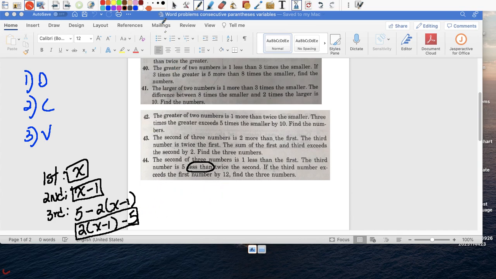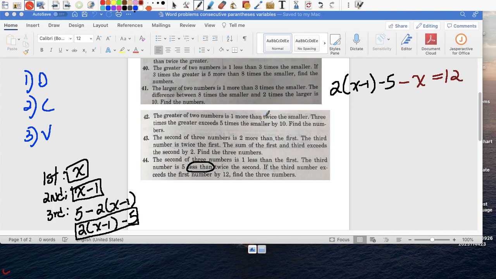And now we get to set up our equation. So if the third number exceeds the first, so the third number, which is 2 times x minus 1 minus 5, this whole thing is the third number, subtracted by the first number, let me change colors here, right? Subtract from the third number the first number, which is x, that should give me 12.